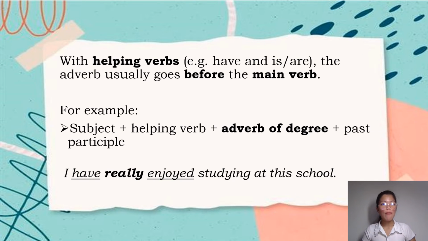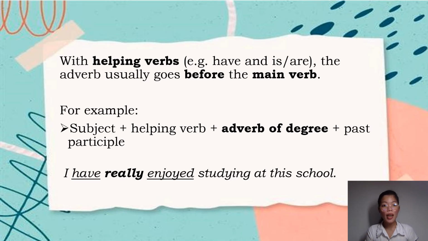Aside from the structure with modal verbs, we also have a structure of the adverb of degree in a sentence with helping verbs. With helping verbs, for example have, is, or are, the adverb usually goes before the main verb.